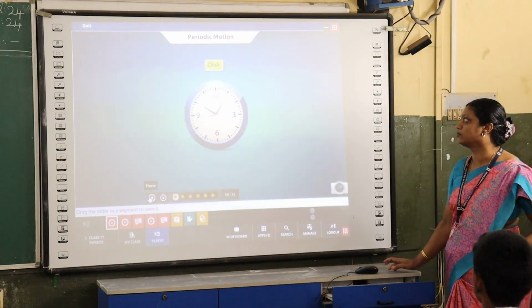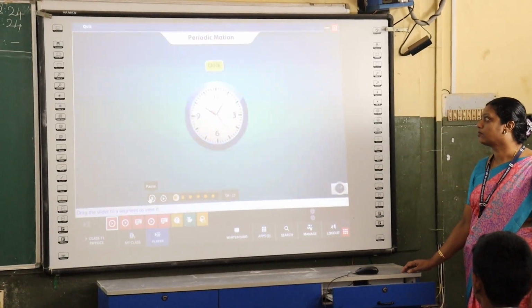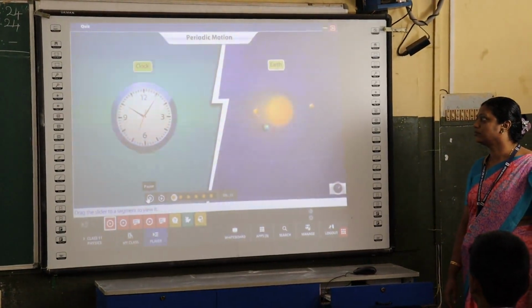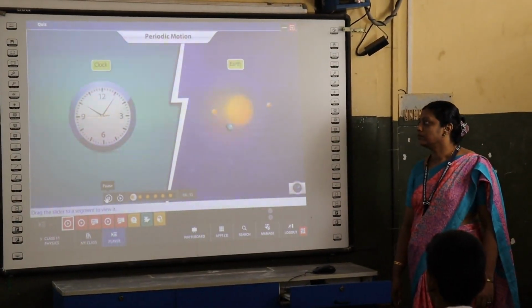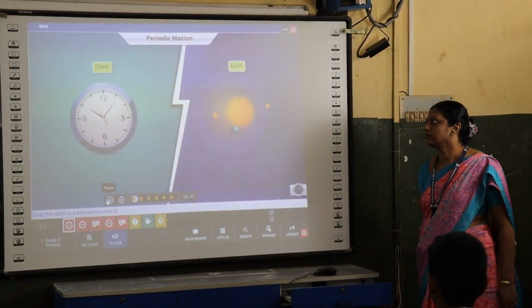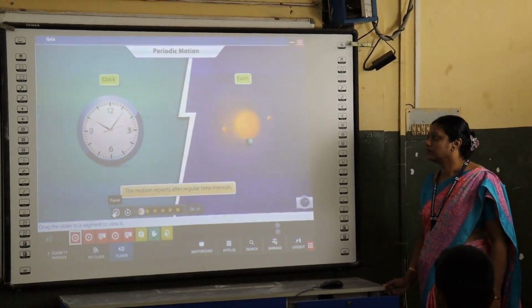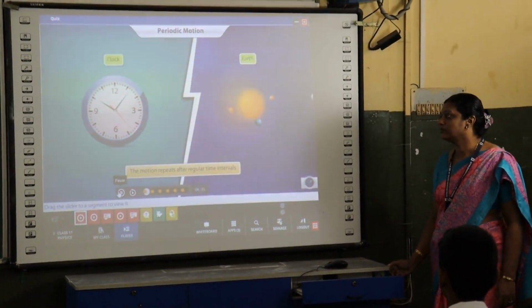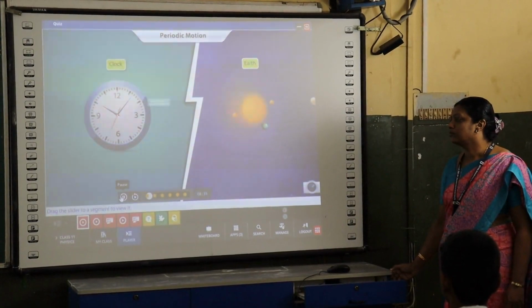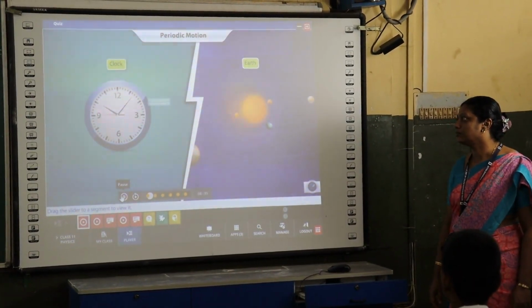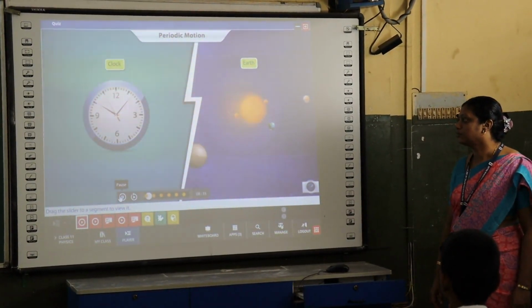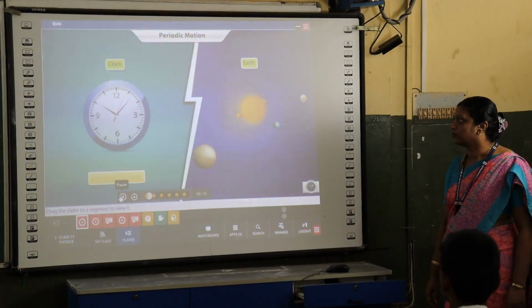Motion of the minute hand in a clock. Motion of the earth around the sun. What is common in these motions? The motion repeats after regular time intervals. The movement of the minute hand in a clock is periodic and its period is 60 seconds.